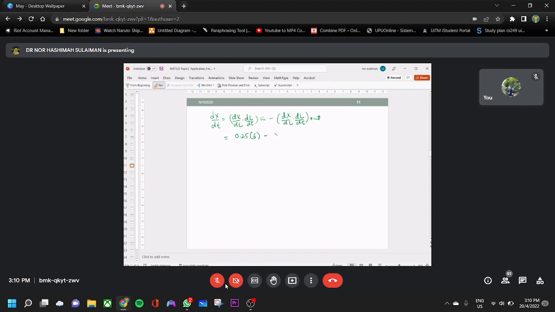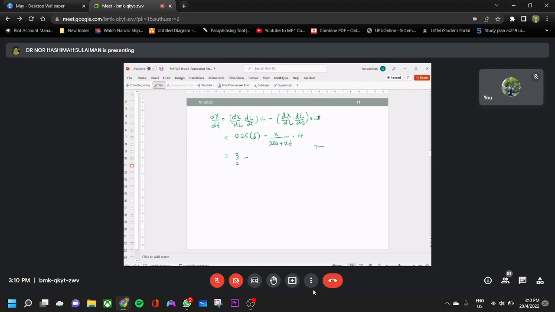Tolakkan apa tadi? X of t divided by the volume kan? 200 plus 2t multiply berapa tadi? 4. Okay, alright. 0.25 kali 6 dapat berapa? 1.5. 1.5 sama apa? 3 bagi 2 kan?